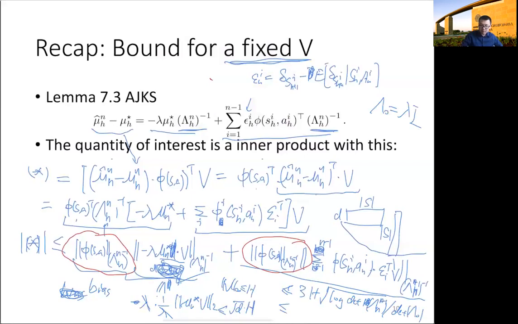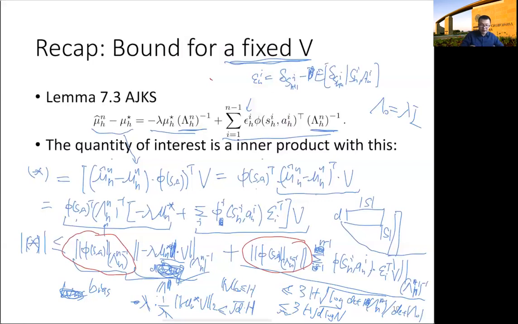And this can be bounded in ways that are completely independent of Sn and An using the information gain lemma, so that you get square root of 3h times square root of d log n, at least on the same order.